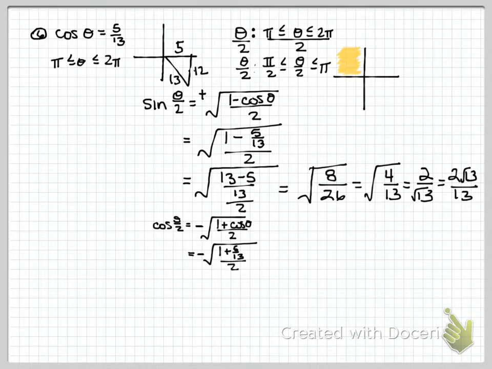Kind of the same steps as we did before. Common denominator is 13. So it becomes 13 plus 5 over 13 all over 2. And that becomes a square root of 18 over 26. And again, I'm going to clean up my square root here.